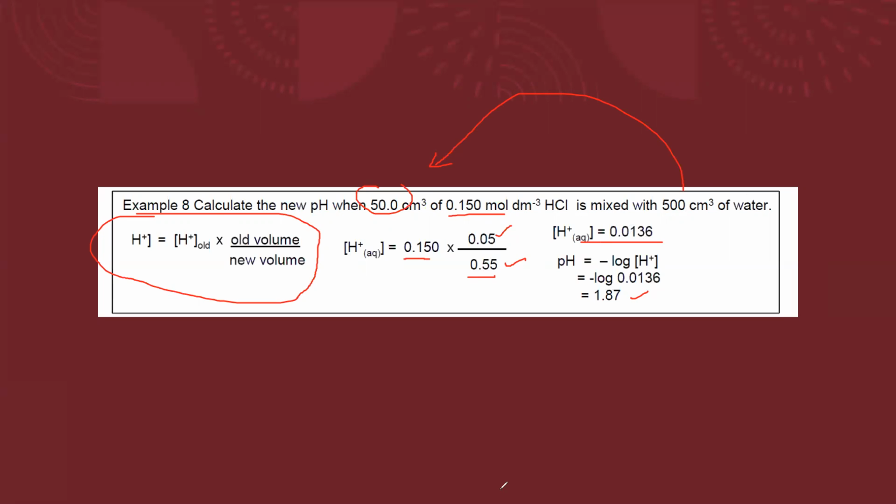How we work out the concentration of a new solution which is diluted by adding 500 cm³ of water.